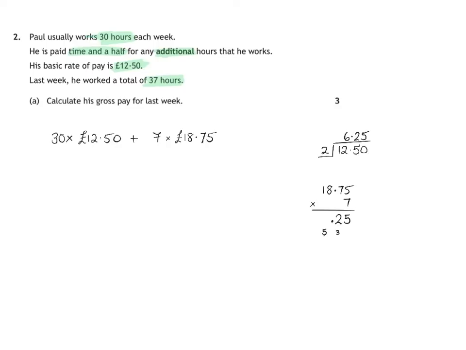Add the 5, 61. 1 times 7 is 7, add the 6, gives us 13. So we get £131.25 for this part.